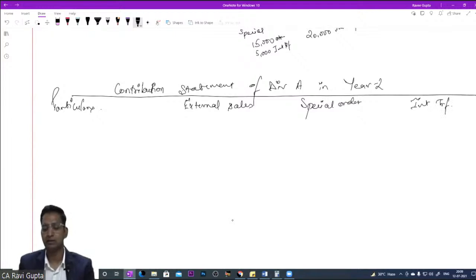Under internal transfer, either the full 45,000 units or less than 45,000 units.